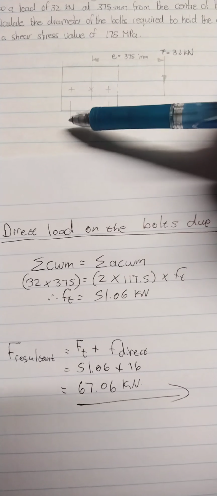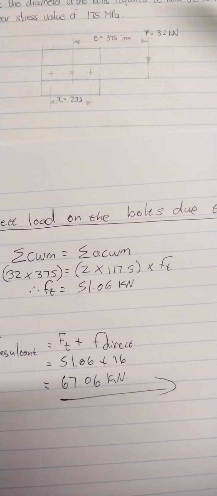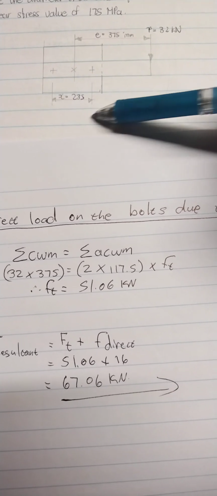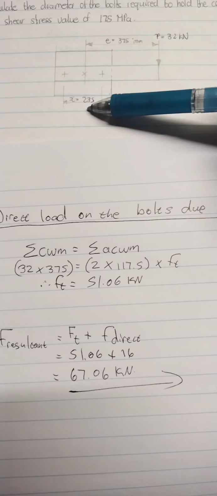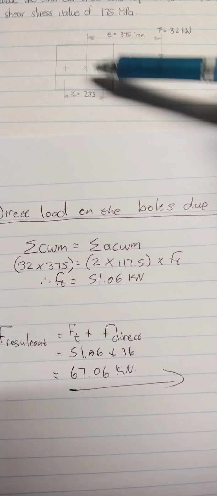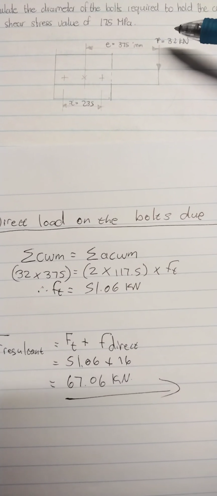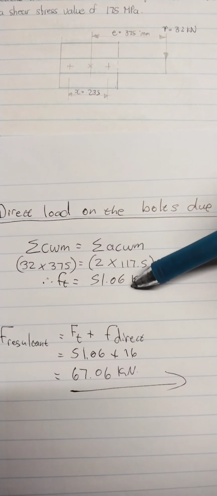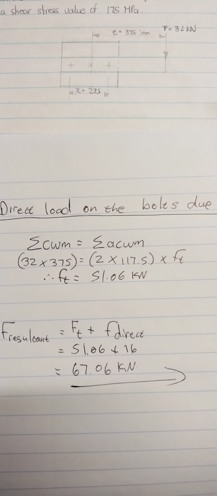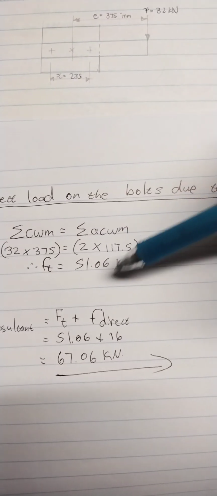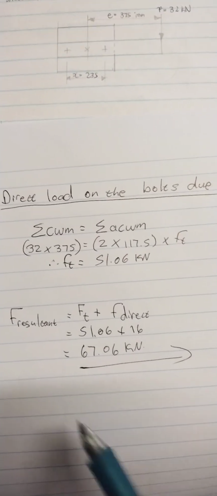Then for the anti-clockwise, we have our two bolts times the distance of 117.5, which is the distance between the bolts, and that will give us our 51.06, because then we will divide on that side to get our ft alone.